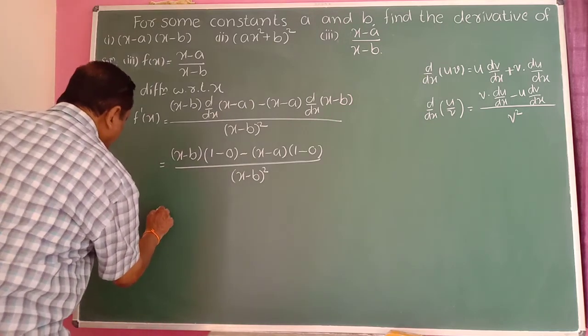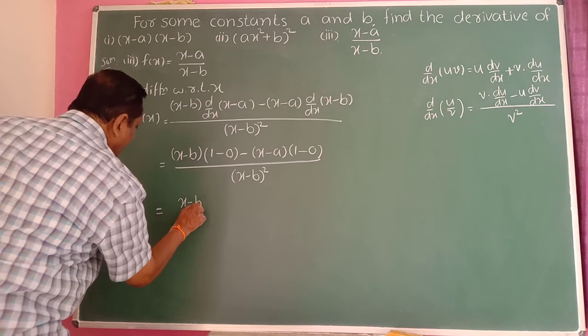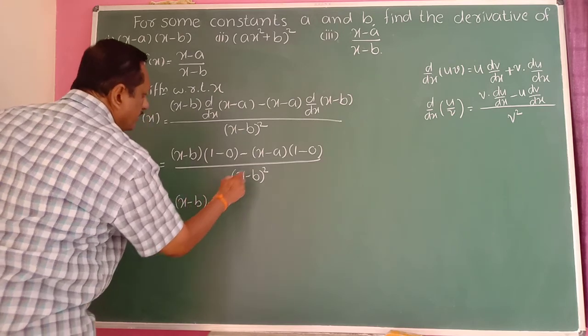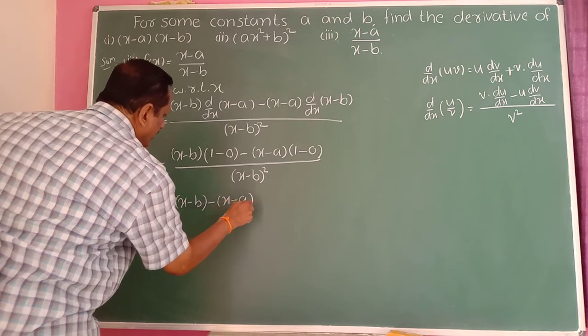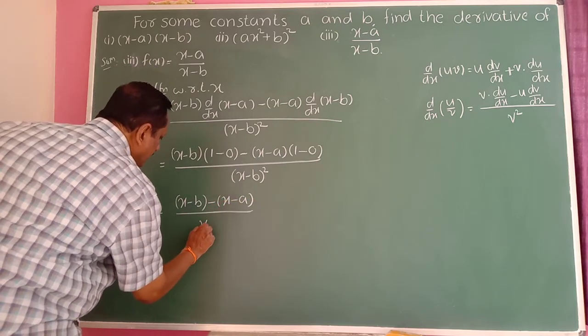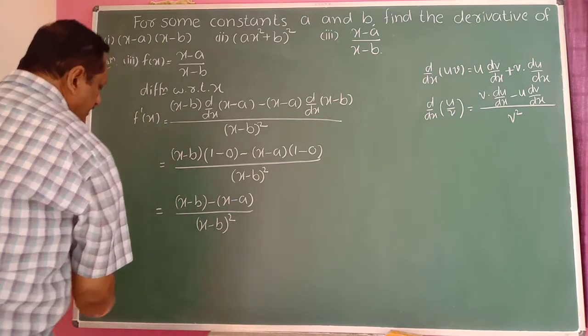Therefore this is equal to (x − b) into 1 becomes (x − b), minus of (x − a) into 1 becomes (x − a), divided by (x − b)². Take the minus inside here.